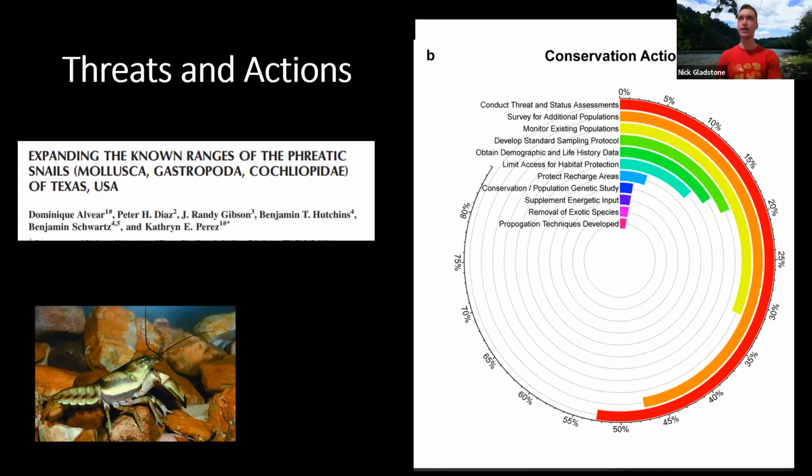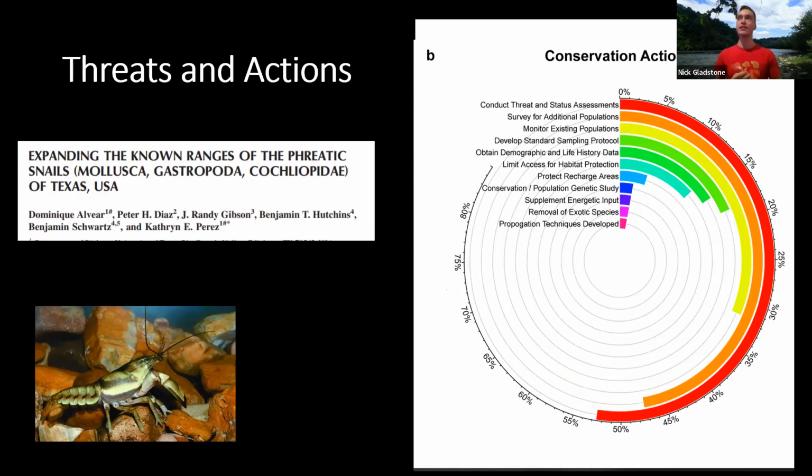Now that I've spoken to threats, I want to get into what we do about it, right? The biggest thing is the knowledge deficit. We only know that they're from one site. Okay, great. But what else do we know beyond that? What are the problems that could be associated with that site? What are the basic biological features of this species?